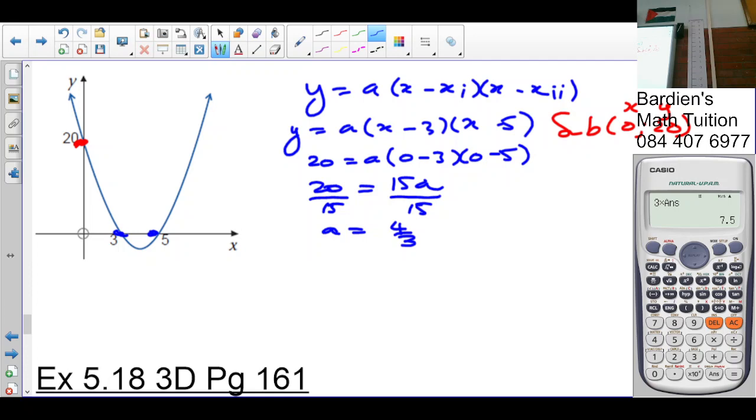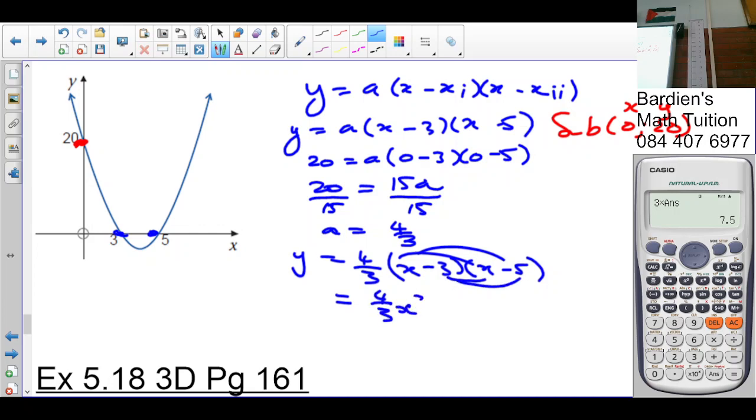So we have y is equal to 4 over 3 into x minus 3, x minus 5, which then gives us, multiplying in, 4 over 3 x squared, negative 32 over 3 x, and positive 20.